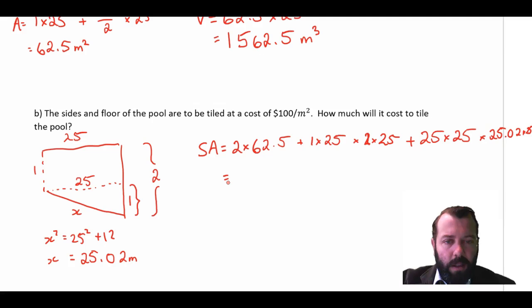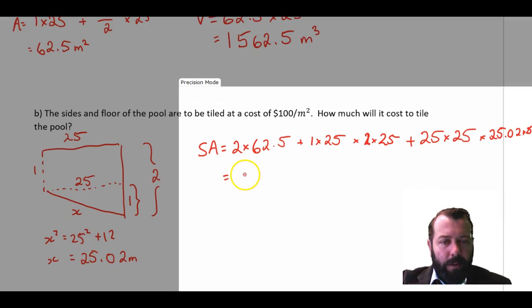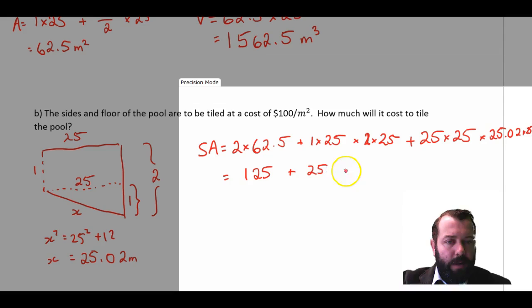Let's actually just tidy it up a little bit. So that's going to be 125 here. Okay, 125 plus 25 plus, oh, that says times there. That should be a plus. That's some sloppy work.